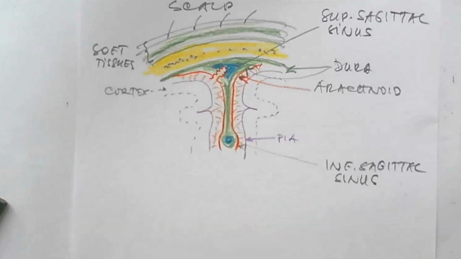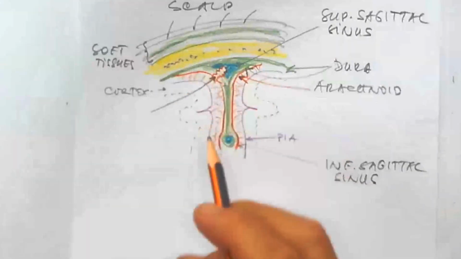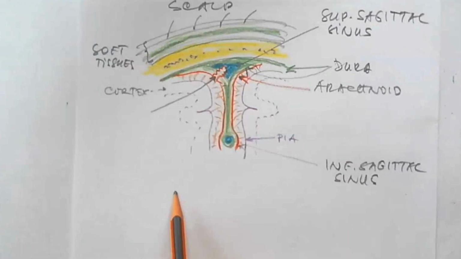And then speaking about the spaces, no details, just one arrow is placed into a special elevation of the arachnoid.